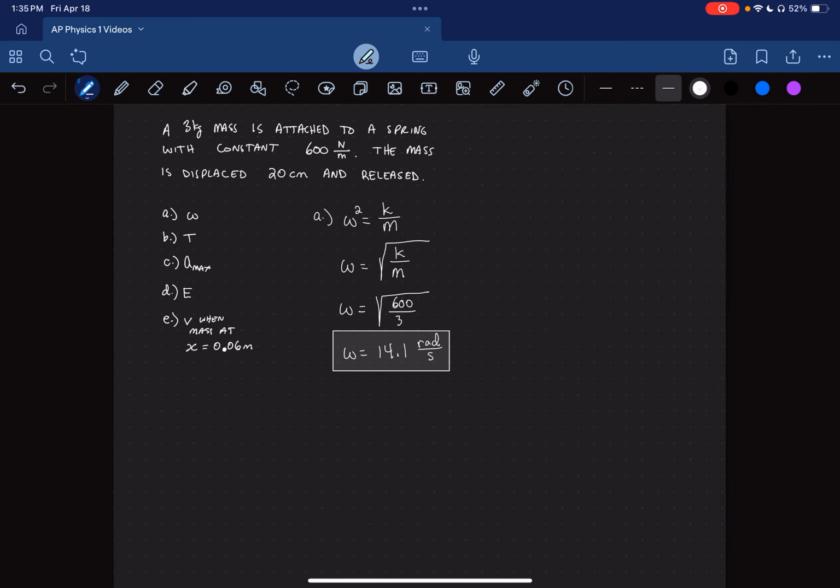Cool. Part B, what are we finding? Period. There are many ways to solve these. I'll just go for the straightforward way. This is 2 pi square root of m over k, which is 2 pi square root of 3 over 600.